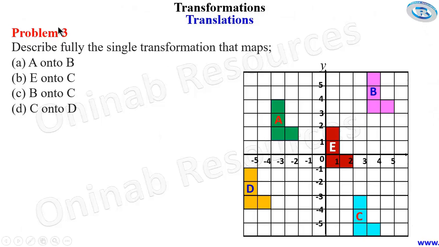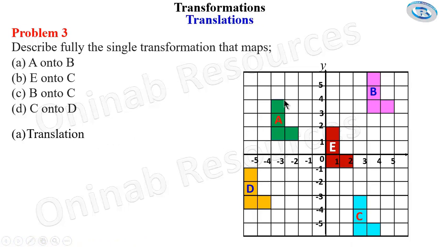For problem 3, describe fully the single transformation that maps A onto B, E onto C, B onto C, and C onto D. Starting from A onto B, the transformation is translation.